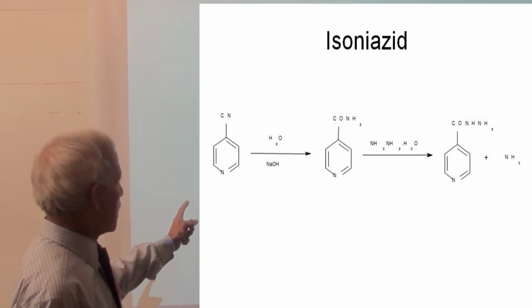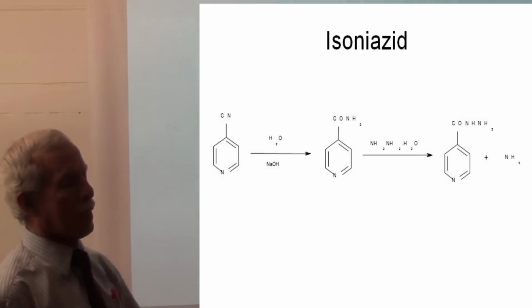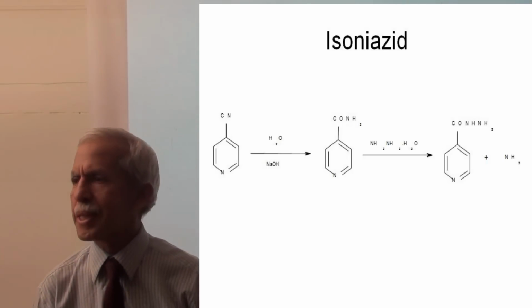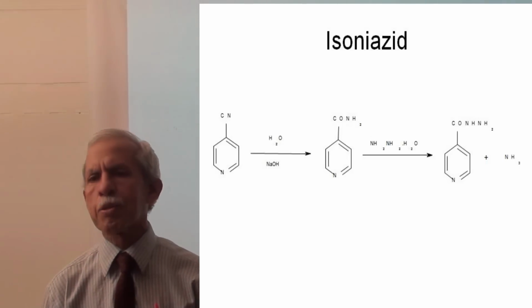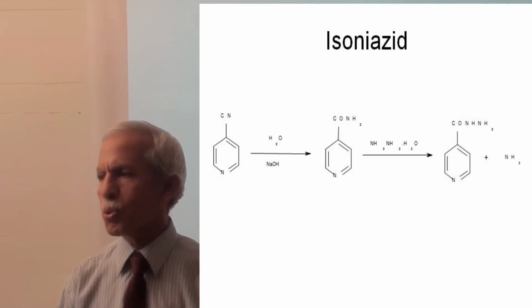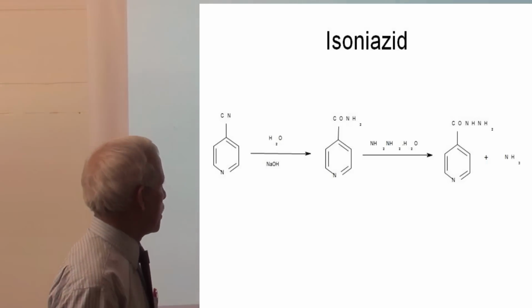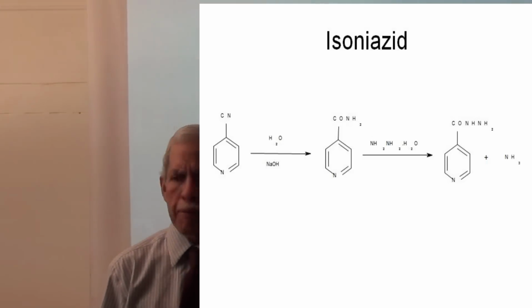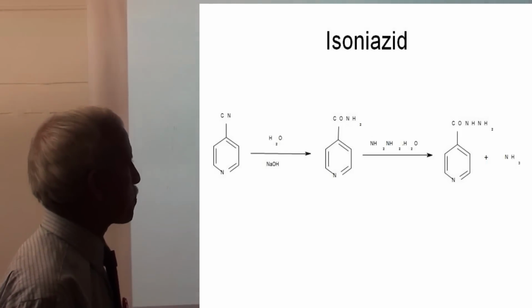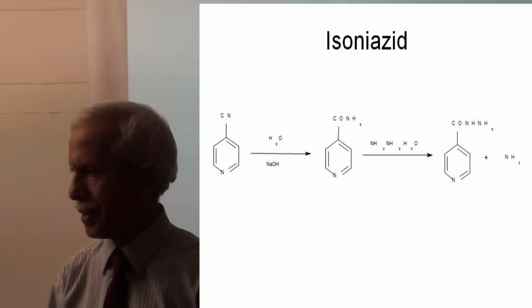Can we do this with a simple synthesis of isonicotinic acid hydrazide? We need the nitrile at the 4th position of the pyridine ring as a starting material. It could be bought from the market, or even made in the college or the student laboratory. Following this, it has to be converted into an acid amide, where the procedure is available, and as we noticed, this is then in the next step converted into the hydrazide.